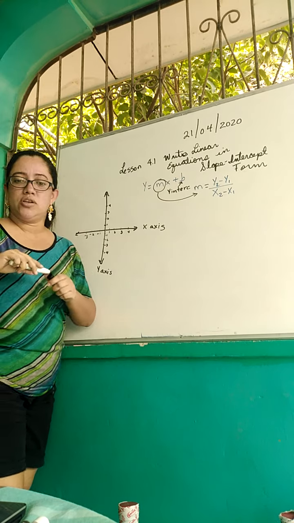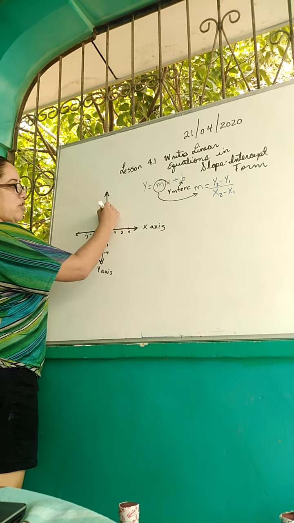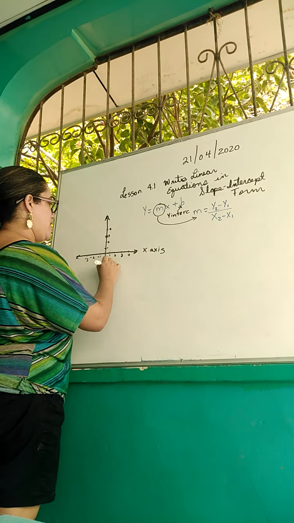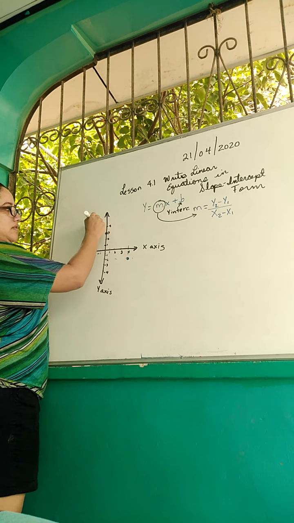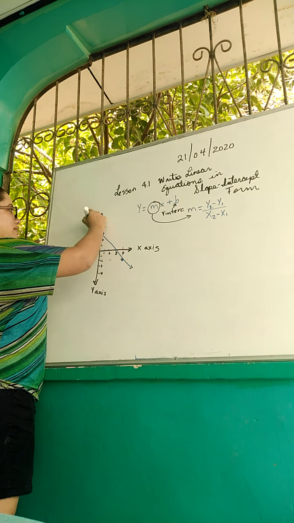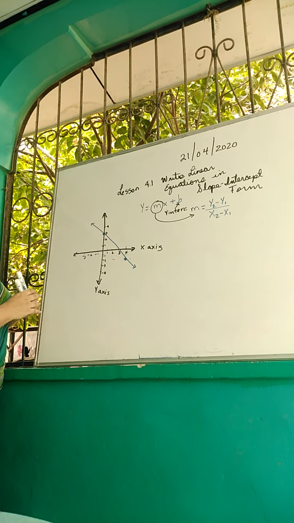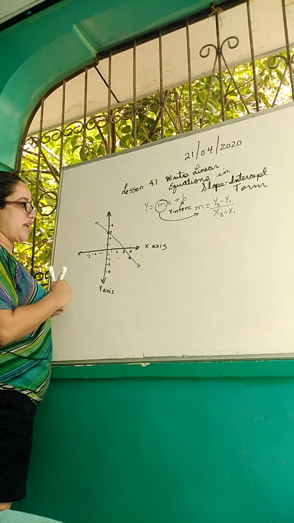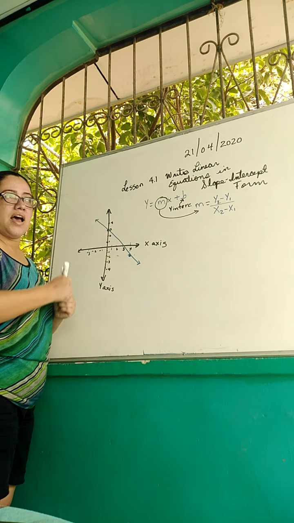So let's put 2 points. Let's do a line. We have one point over here and one over here. Let's establish the points. What is the coordinate?